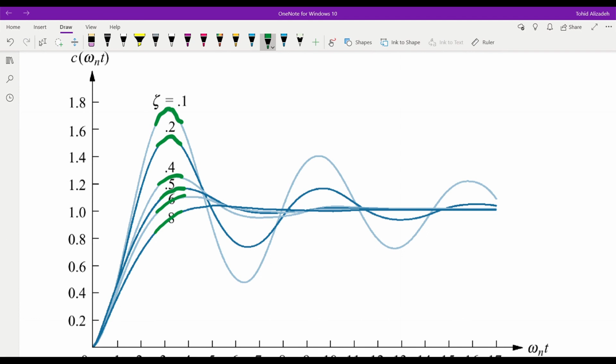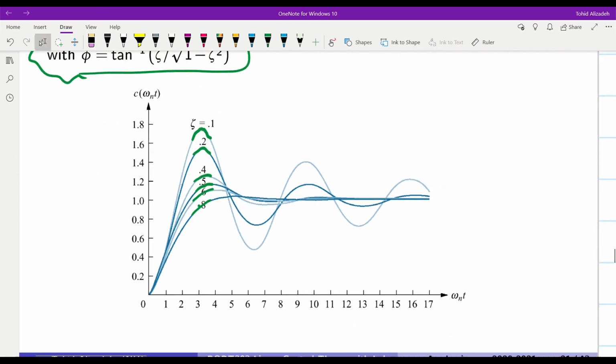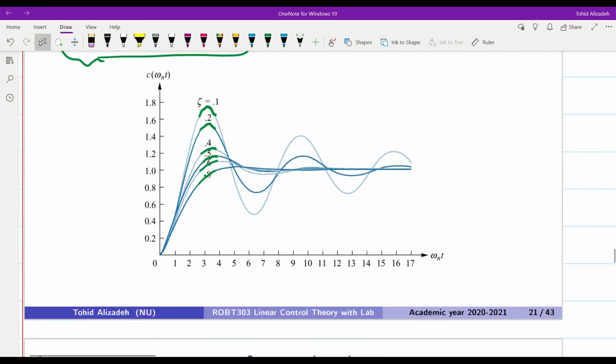And as zeta goes towards 1, the step response of the system looks more like the one of the critically damped system. As zeta goes towards 0, the response looks more like the undamped systems, where we have oscillations that never end.